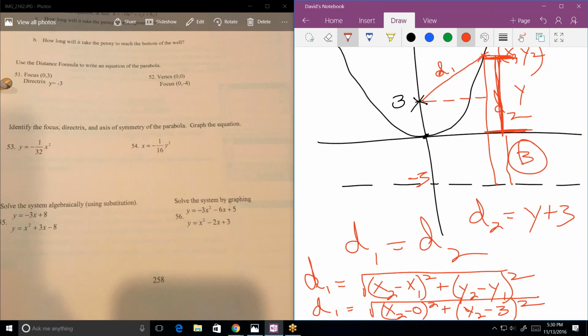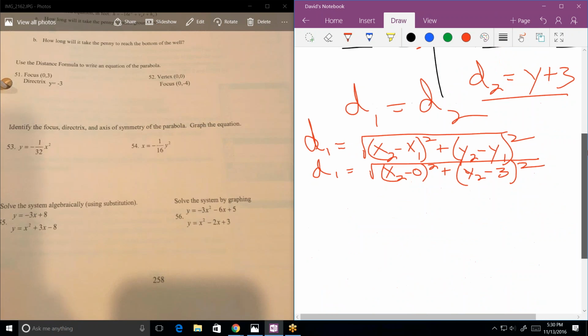So D2 is merely y plus 3. I don't even need to use the distance formula because it's not a slanted line, it's a vertical line, and for vertical lines all I need is the distance between the y coordinates.